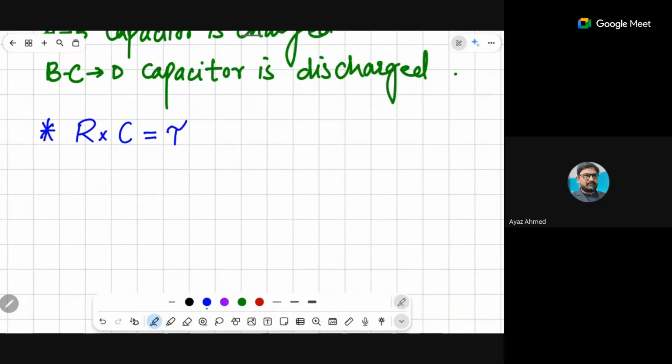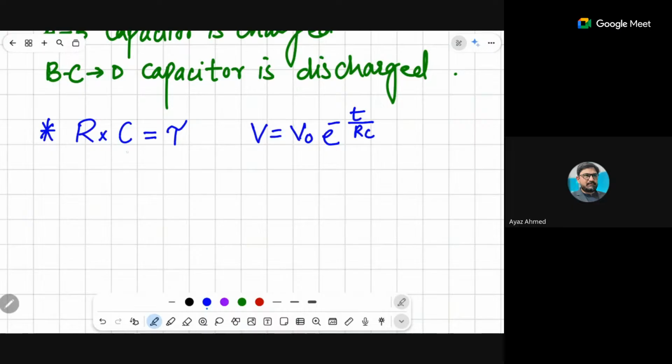So the discharge time of the capacitor is used in this way. The discharging voltage equation is V equals V naught e to the power minus T divided by RC. So this equation helps you manage the time.